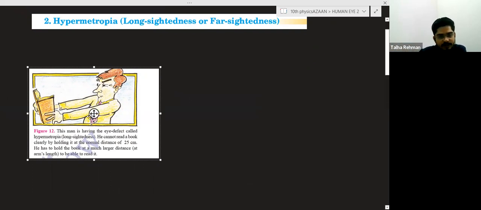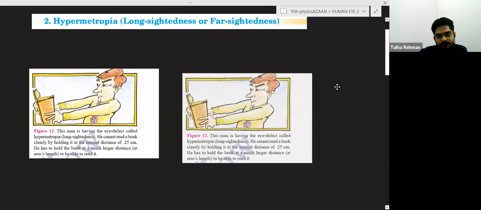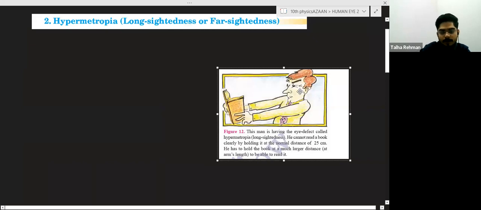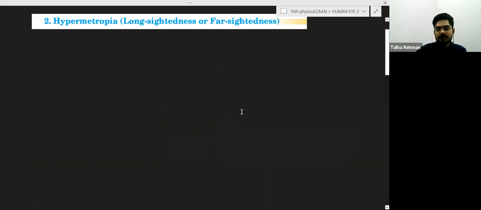Okay, so this image I am just removing, no need of this. So you understood now what is hypermetropia. The nearby object the person cannot see clearly.